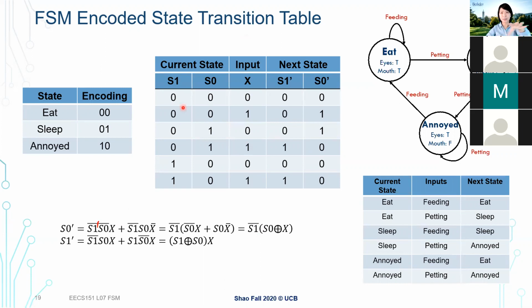But again, we turn this state transition diagram into something we're very familiar with, right? We talked about this already, truth table to Boolean expression in combinational logic. So after we encode our states and input, we can turn the state transition diagram into this.